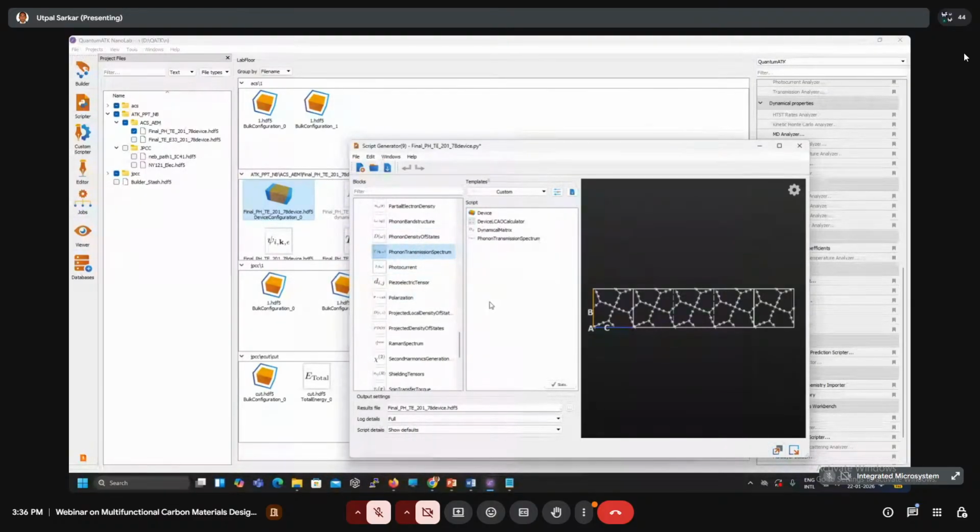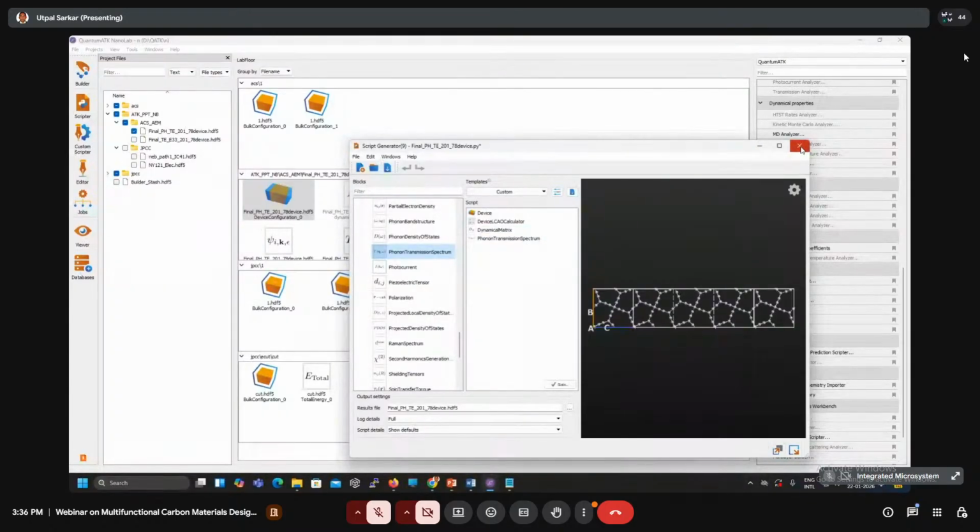For phonon transmission spectrum, first calculate the dynamical matrix, then calculate the phonon transmission spectrum. That's why it is a very time consuming calculation. So for our case, we have already simulated this phonon transmission input.